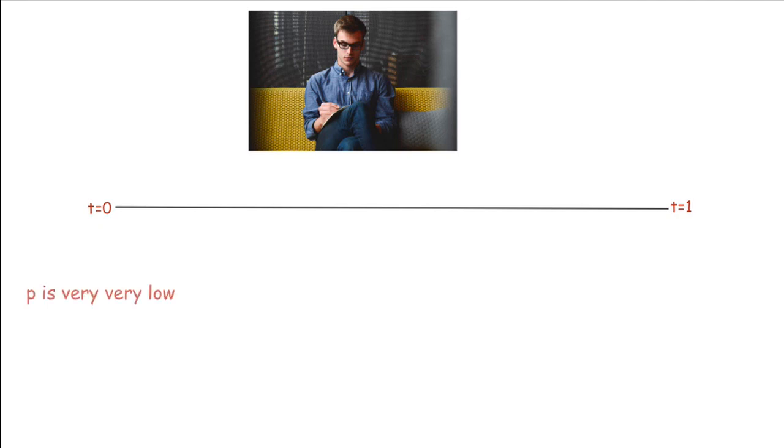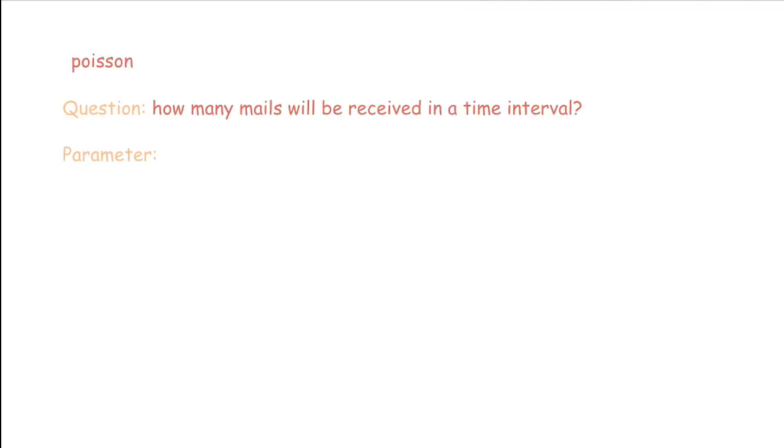The probability to get a mail in any specific single moment is very, very low, but since there are a lot of moments in an hour, at the end of the hour, some mails will be received. The probability of each possible number of mails at the end of the hour is given by the Poisson distribution.